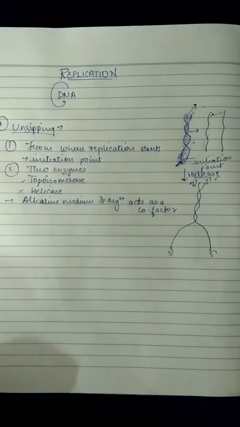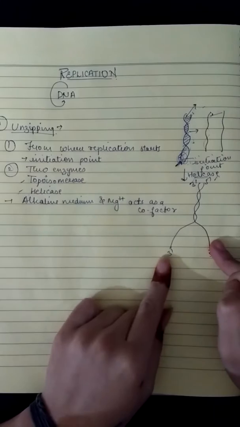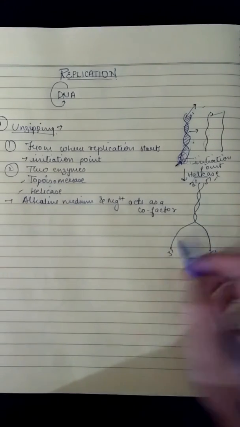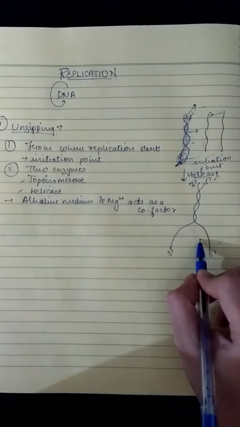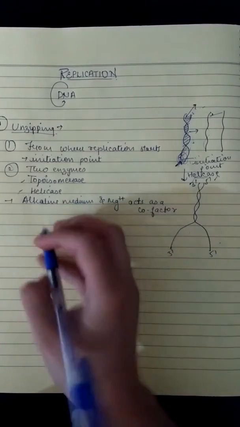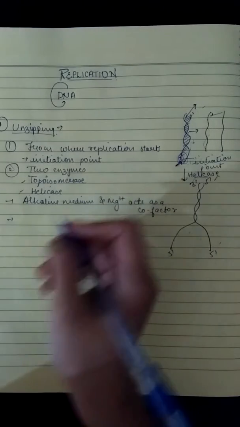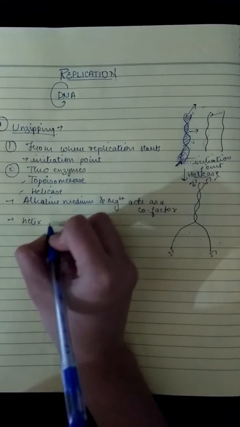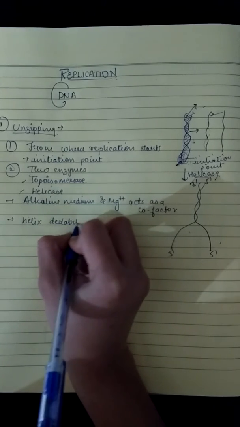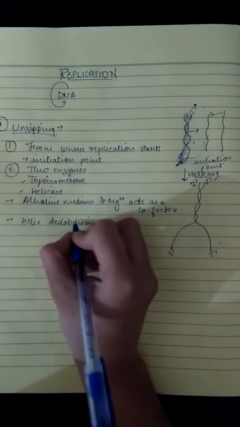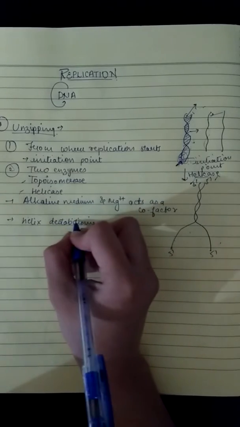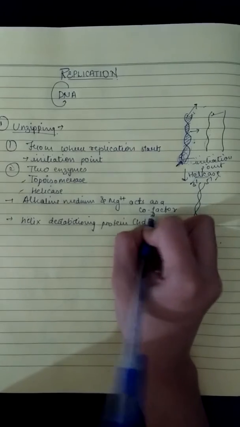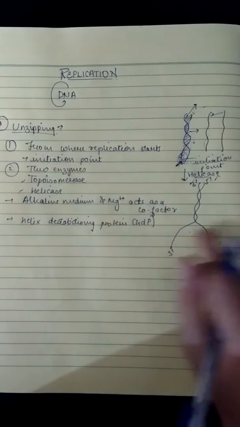Fine. So we have separated both these chains. Now these chains have the tendency to recoil again. To stop them from recoiling, there is an enzyme which acts on them, that is helix destabilizing protein, that is HDP, which prevents these both chains from recoiling again.